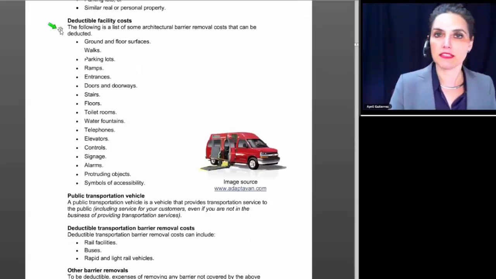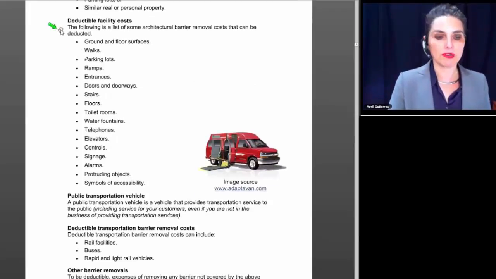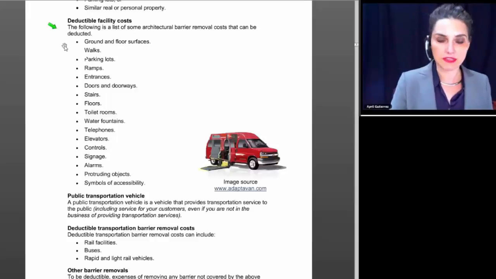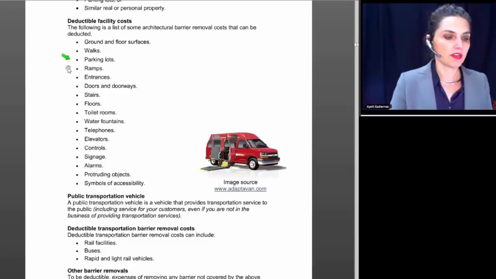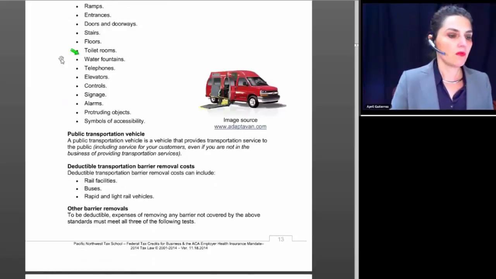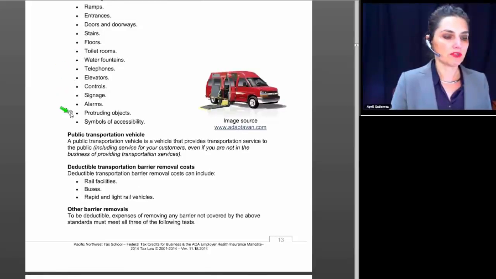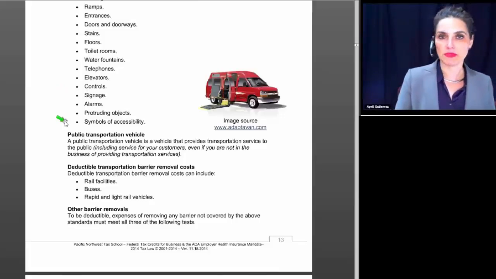Deductible facility costs. The following is a list of some of the architectural barrier removal costs that can be deducted. Ground and floor surfaces, walks, parking lots, ramps, entrances, doors and doorways, stairs, floors, toilet rooms, water fountains, telephones, elevators, controls, signage, alarms, protruding objects, and symbols of accessibility.